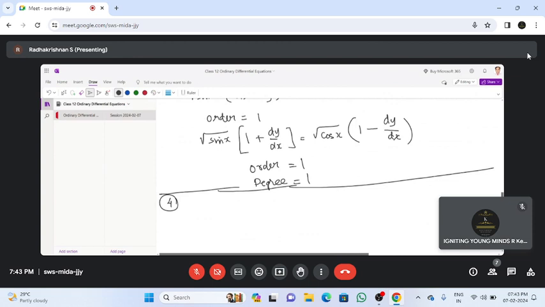So this is also finding out only the order. Okay, order of the differential equation of all circles with center at h, k and radius a.